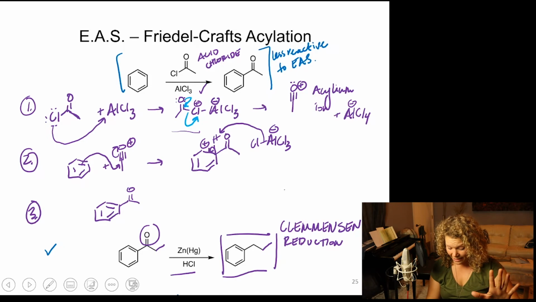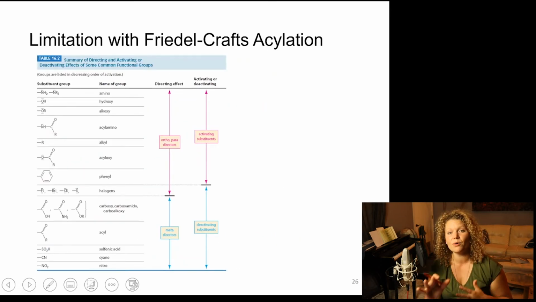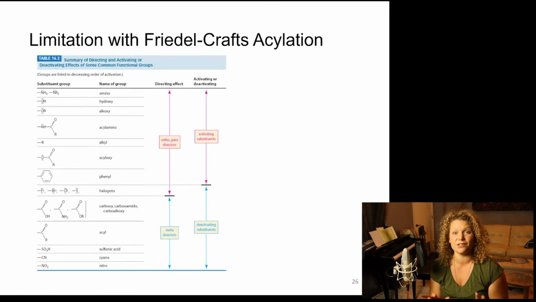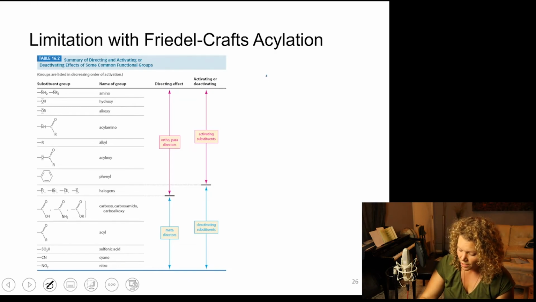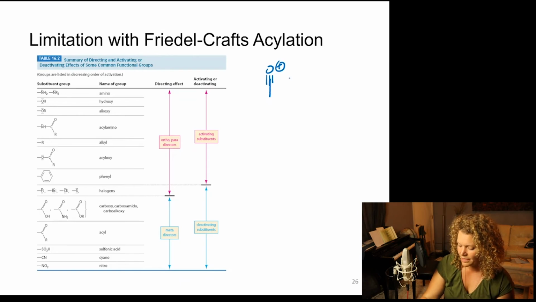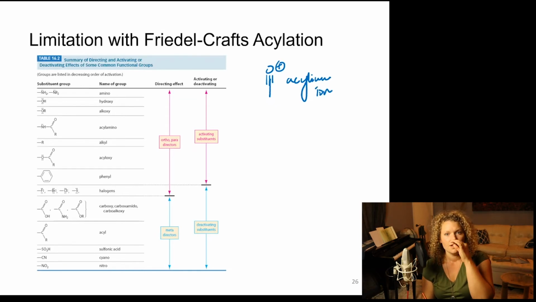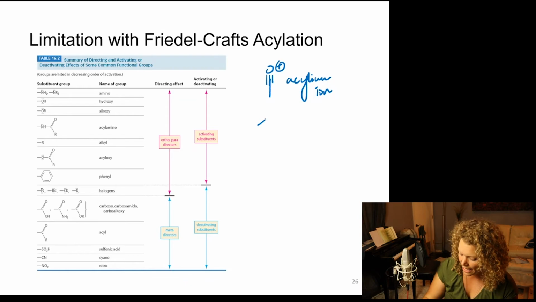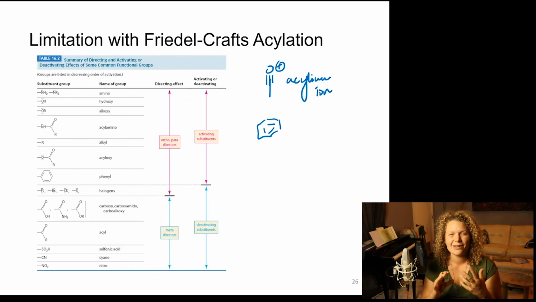Now, both reactions are very important, and they both have their utility in different situations. I do want to highlight a limitation with Friedel-Crafts acylation. Because we are using, in particular, the acylium ion as an electrophile, we typically need an aromatic ring that is near the nucleophilicity of benzene.